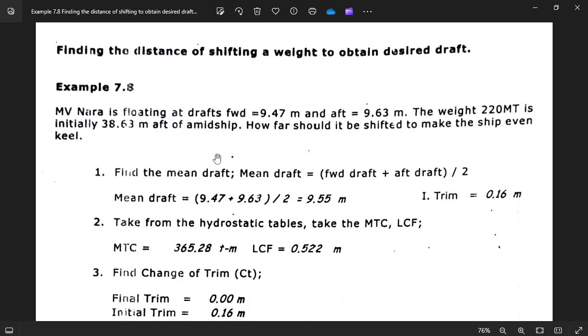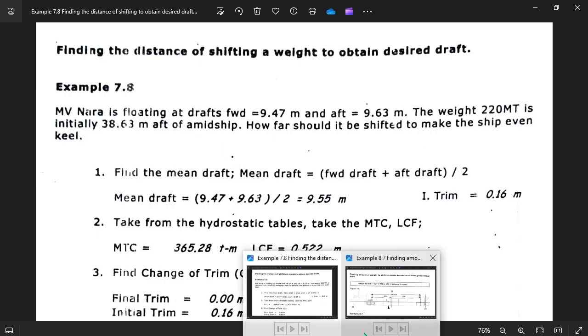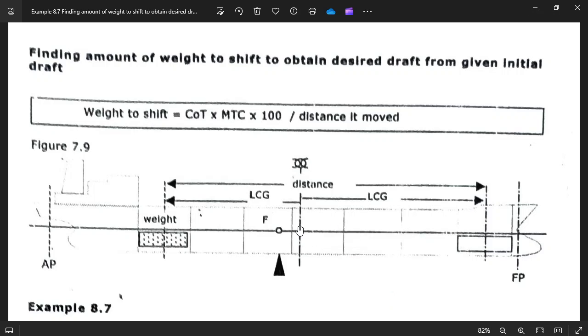MV is floating at a draft forward of 9.47 and aft draft of 9.63 meters. The weight is 220 tons and is initially 38.63 meters aft of midship. When we say aft of midship, it means this is your midship, and it will be up here or backward.